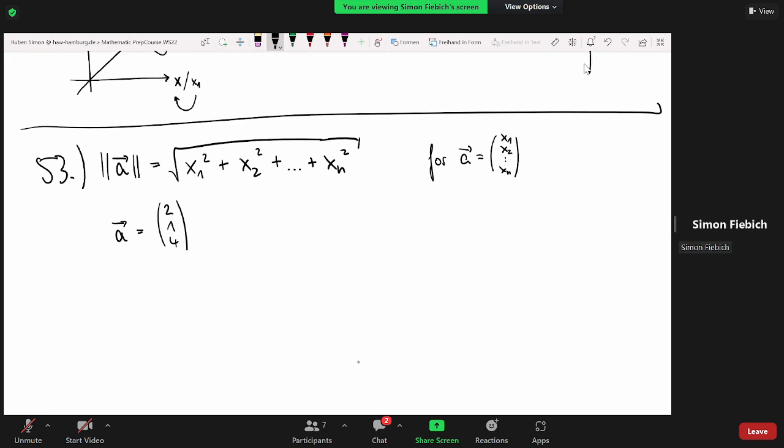Okay, so at first you would determine the magnitude, right? The magnitude of a would be, in this case, 4 plus 1 plus 16. Correct. So consequently, the whole expression would be equal to the square root of 21.